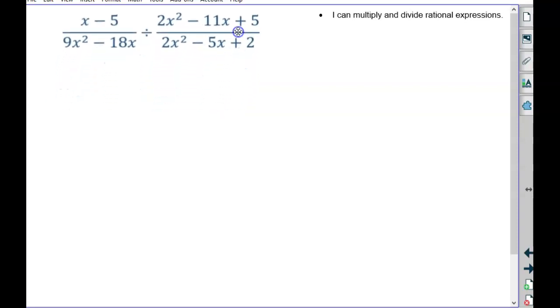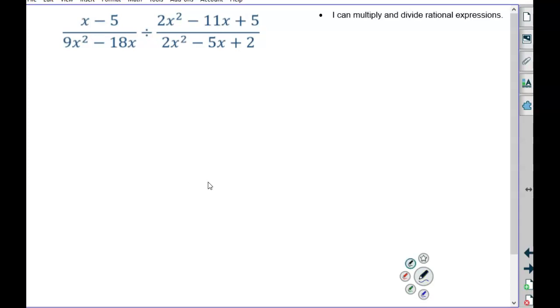So I actually might put this up here, because if you notice the divide, we are going to have to rewrite it so it's a multiply. So let's say that this is a test question that you guys were asked to do.